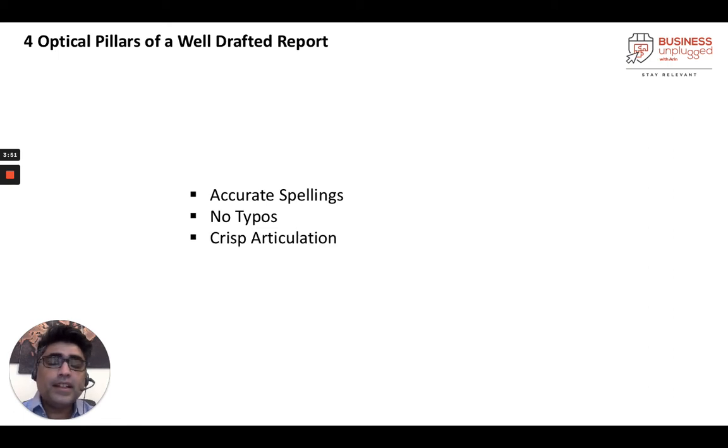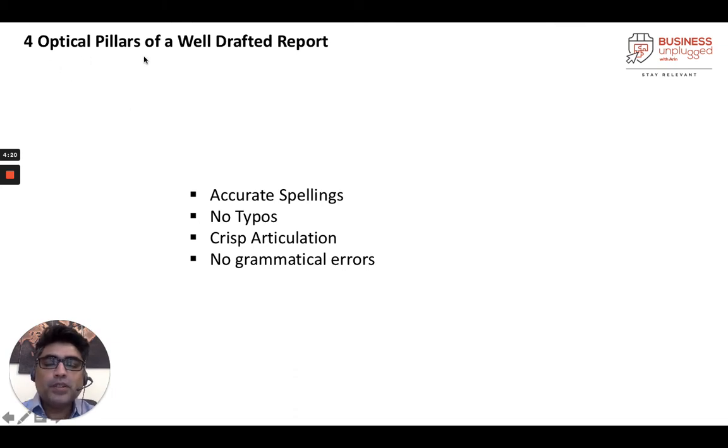Then the articulation should be crisp. You shouldn't try to place across a lot of things without giving the crisp objective with which you are trying to write the report. The articulation should be very crisp, and there shouldn't be any grammatical errors. These should be avoided as best you can. These are called the optical pillars.